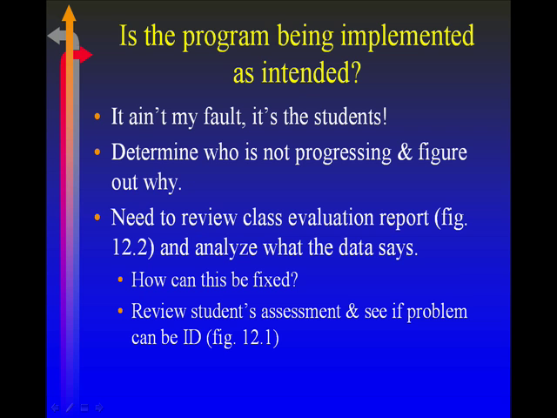Now on page 266, you'll see figure 12.2. We need to review the class evaluation report and analyze what the data says. If you look at this, this is a grade report for the different objectives.